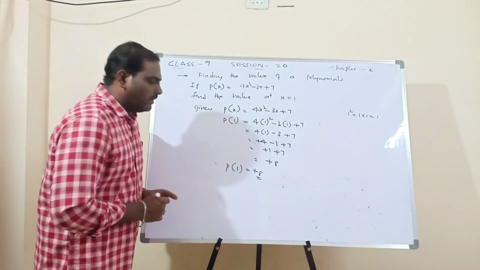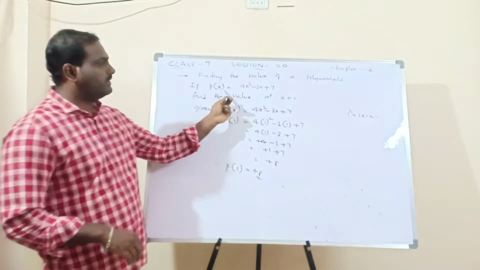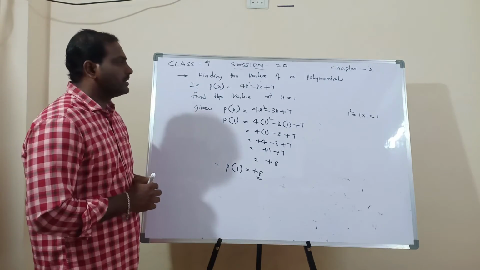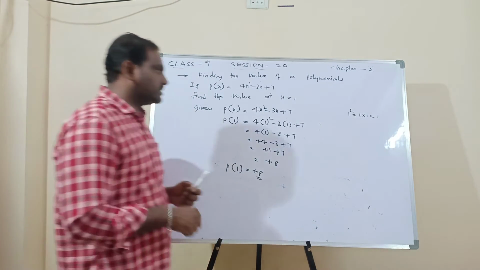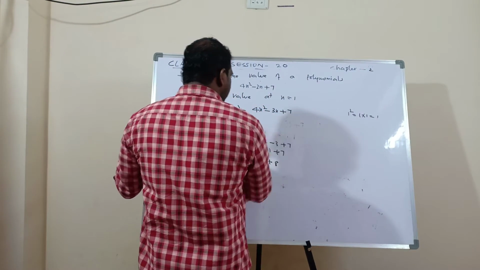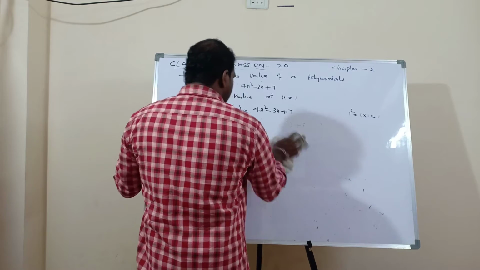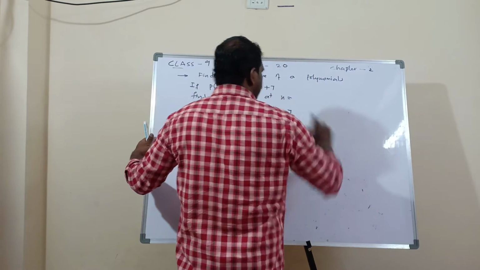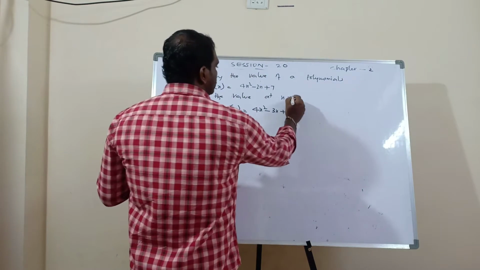So this is the value of the given polynomial at x is equal to 1. Suppose you are asked to find the value of the polynomial at x is equal to 2. Then the same process, with a small change. The same question, x is equal to 2.